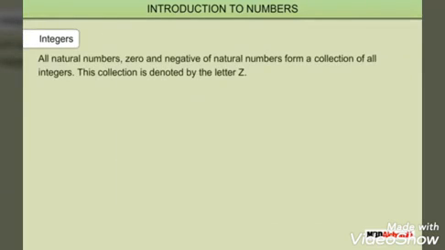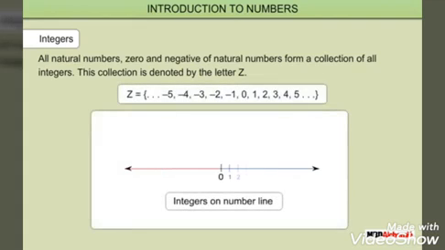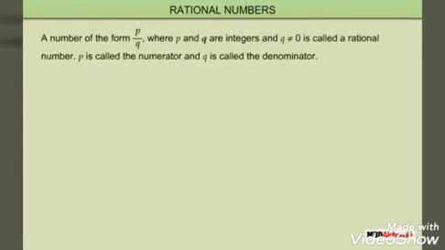Integers. All natural numbers, 0, and negatives of natural numbers form the collection of all integers. This collection is denoted by the letter Z and is represented like this. These are some integers on the number line. Rational numbers. A number of the form p upon q, where p and q are integers, and q is not equal to 0, is called a rational number.